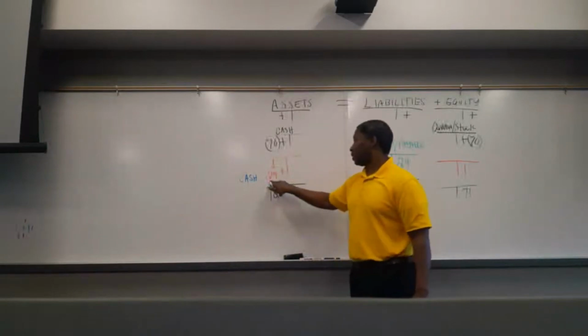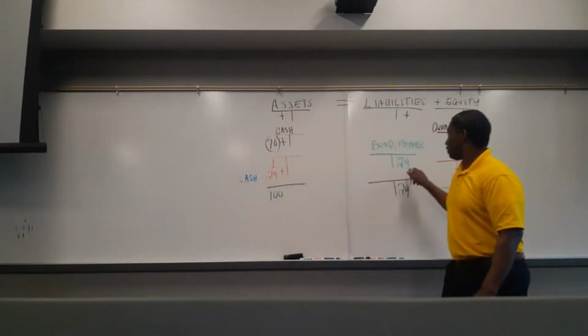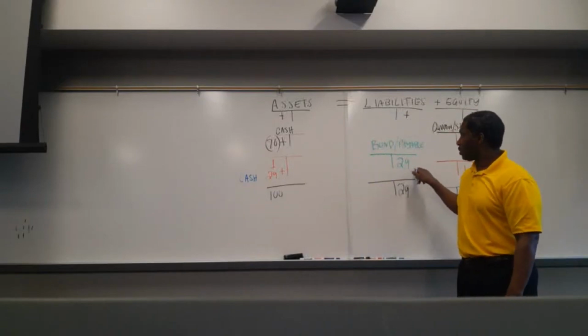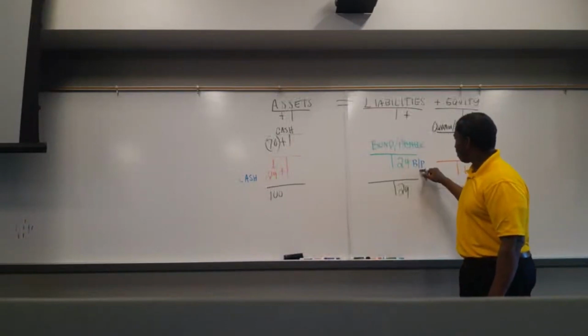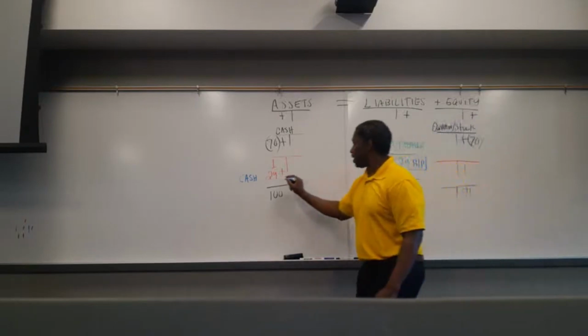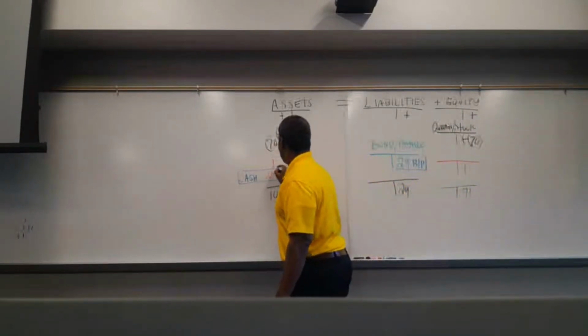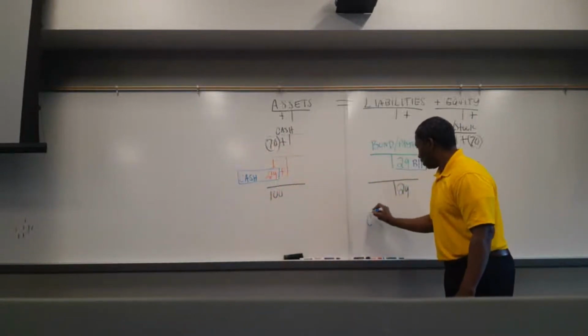So I'm going to debit cash for $29 if I get cash from a bond. I have a liability, okay? So I'm going to debit cash and I'm going to credit bonds payable, BP for bonds payable. That's my journal entry to record the cash that I received from my bond, okay? So just to put that down here, this is not anything to do with liabilities, this is just a journal entry.